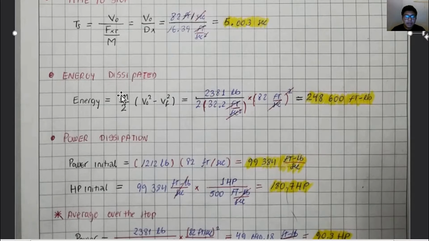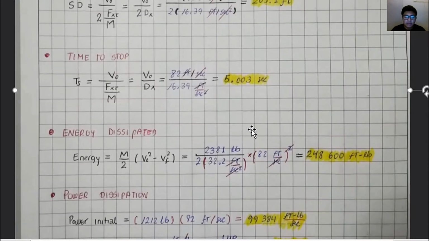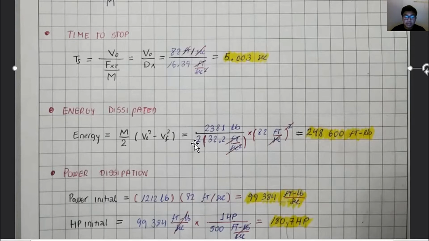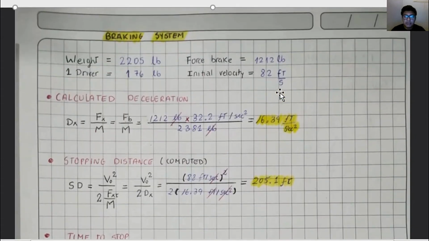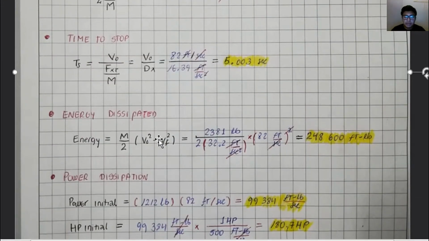The energy is equal to m divided by 2 times the initial velocity squared minus the final velocity squared. I replace the values, using the total weight and gravity. The final velocity is 0, so it doesn't change the result.